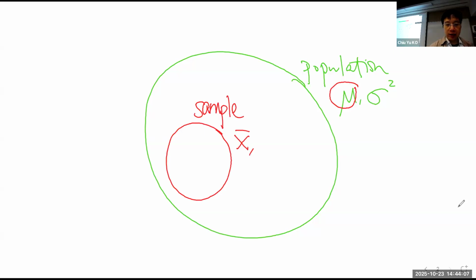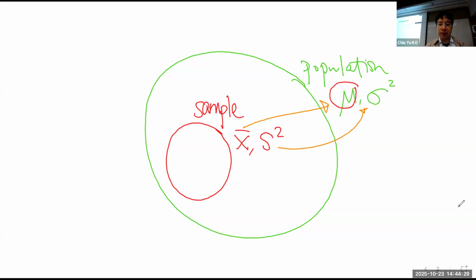These are all statistics or estimators. X bar will be a good guess for mu, and S square will be a good estimator for sigma square. We know that already. A good point estimator, if you want.